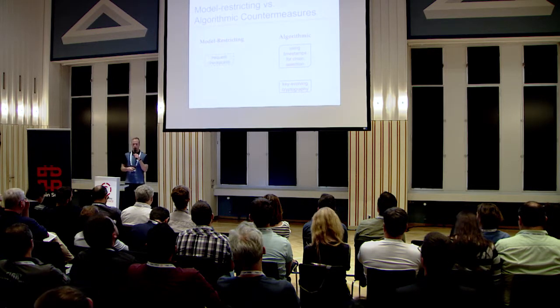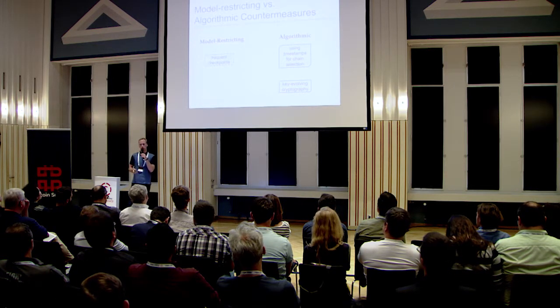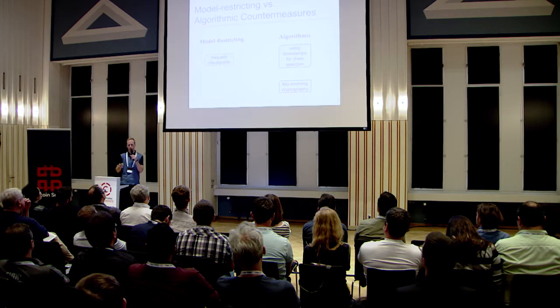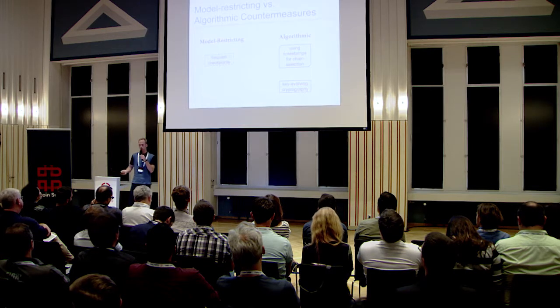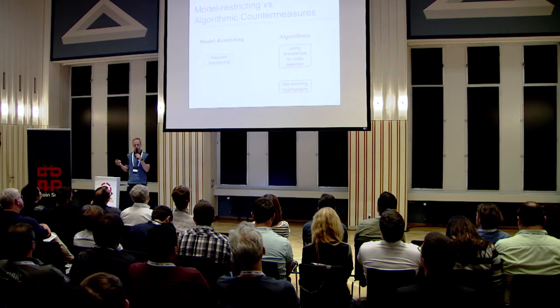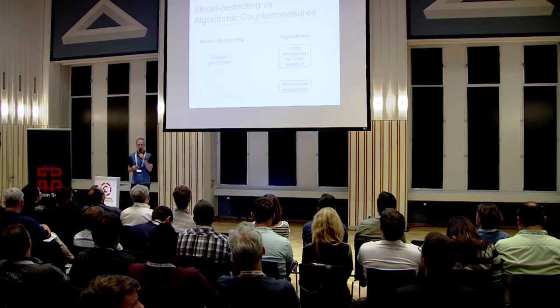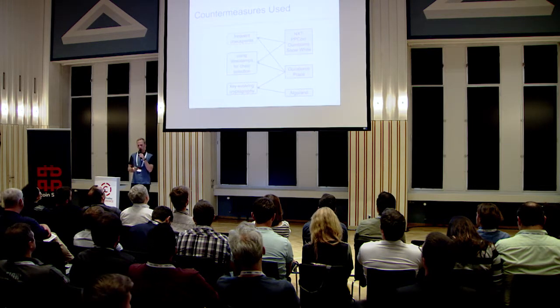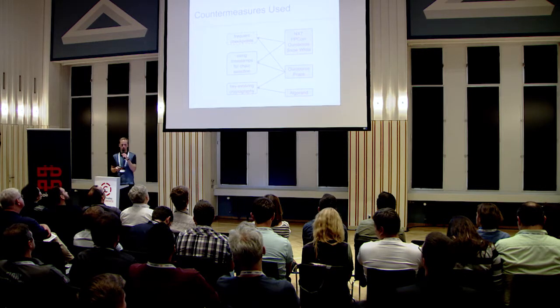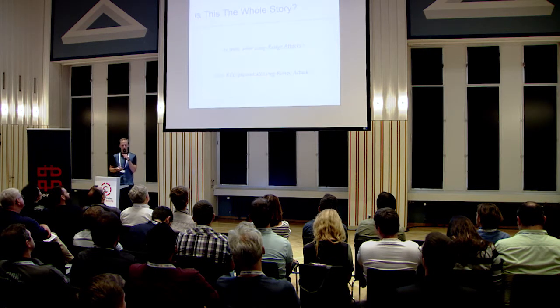Obviously this second class of countermeasures is much more desirable because you don't need to make additional assumptions, you just change your protocol. You, for example, use timestamps, or you use key-evolving cryptography, or there are other examples that I will not go into. And of course, these countermeasures are used in one way or another by the existing protocols.